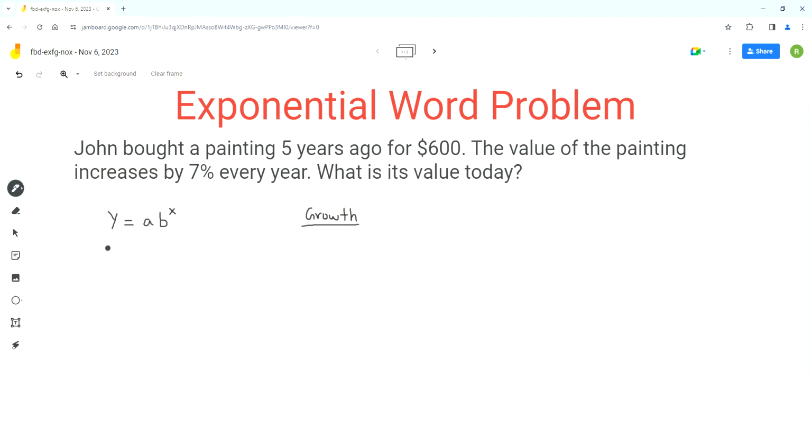Now in this general equation, y represents the final amount, or in this case, the final value. And a represents the initial amount, or the initial value.